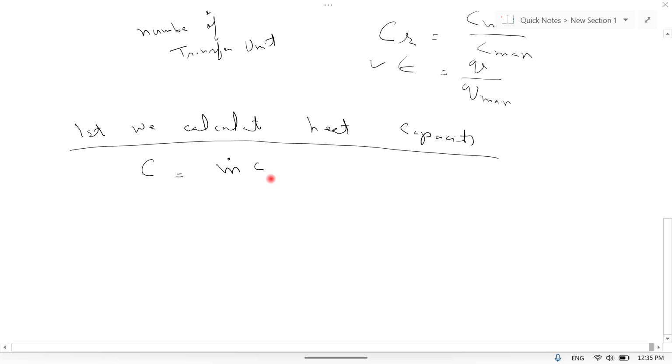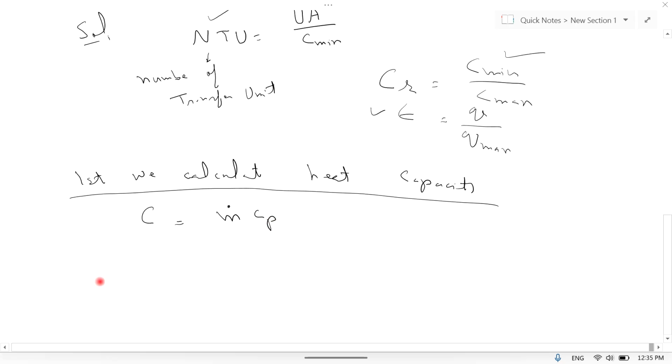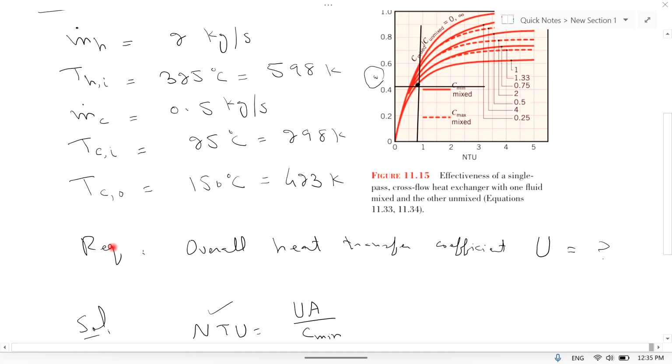Here the specific heats are not given to us, but we know that the specific heat capacity of cold water is 4.203 kilojoule per kilogram per Kelvin, and the specific heat capacity of the hot gas is equal to 1.04 kilojoule per kilogram per Kelvin.